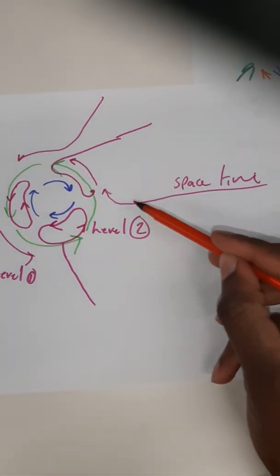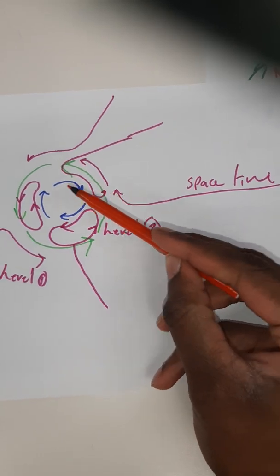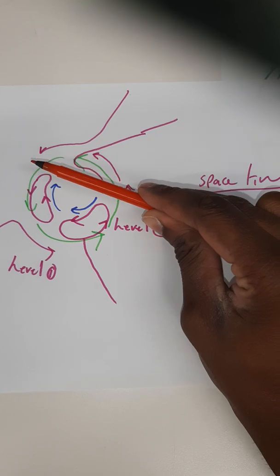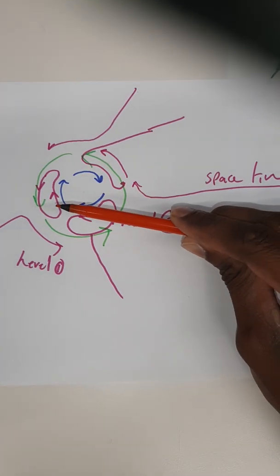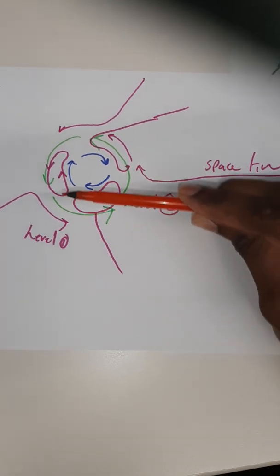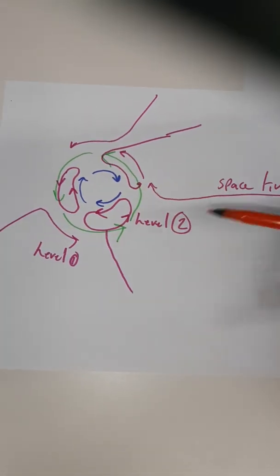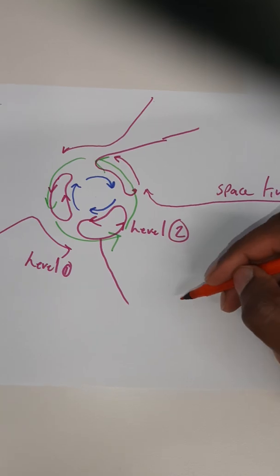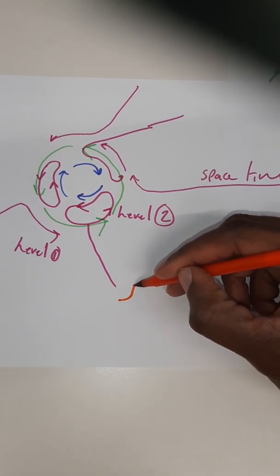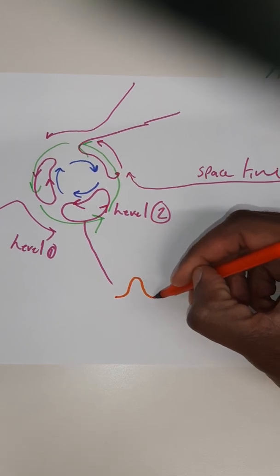You have space-time coming in, and you have these two waves being produced. Now this space-time will be pushed in this direction. However, it will also be pushed in the opposite direction, and this will create some kind of shape. So it should create something, I think, like this.